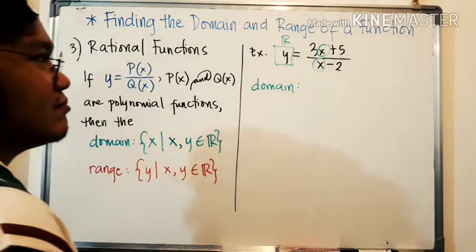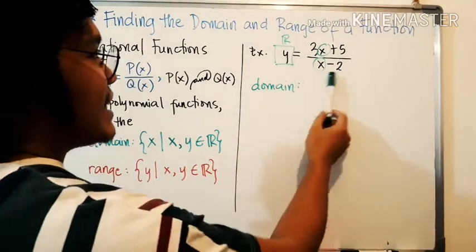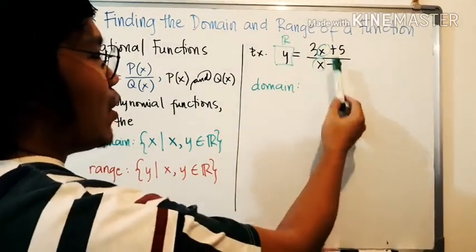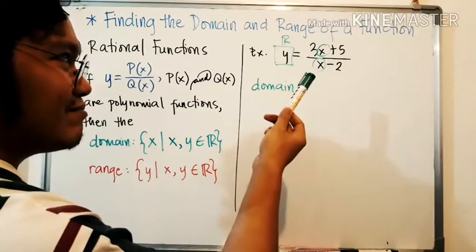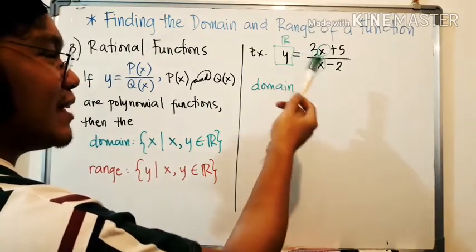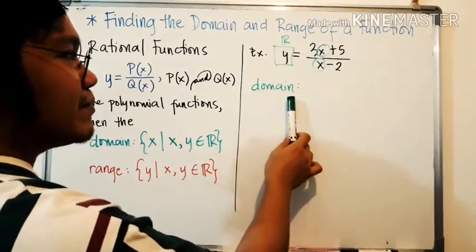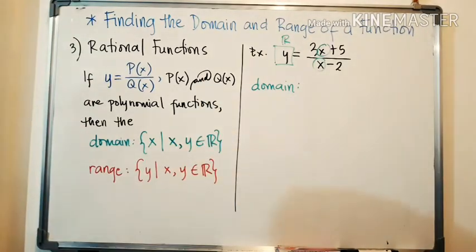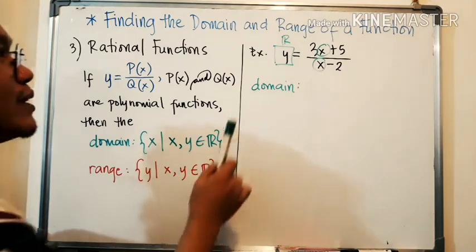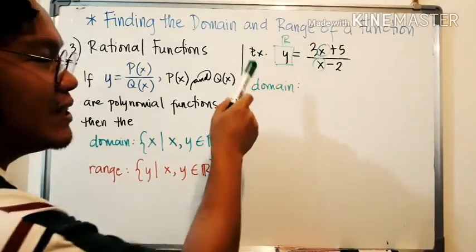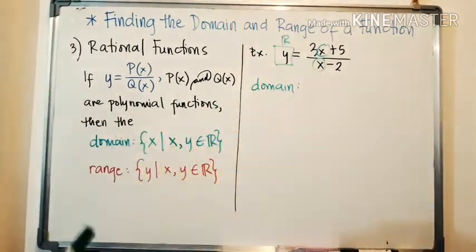Okay. So by analyzing this, all values of x can be included in the domain except for anong x value kaya wherein y is not defined or y is not real.